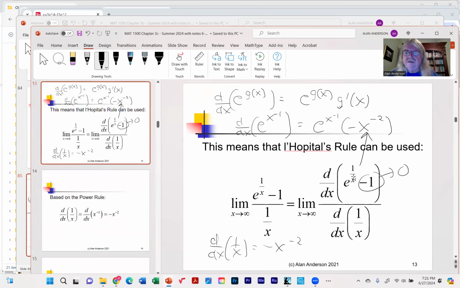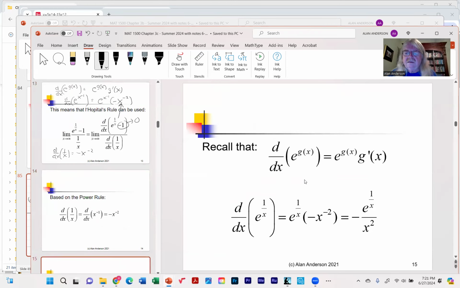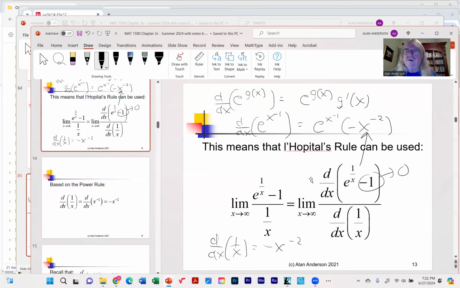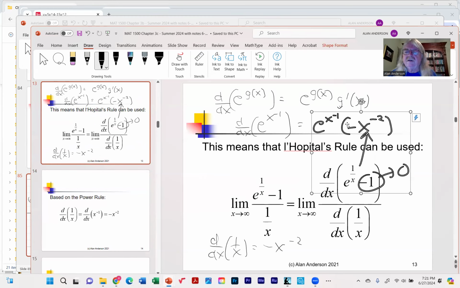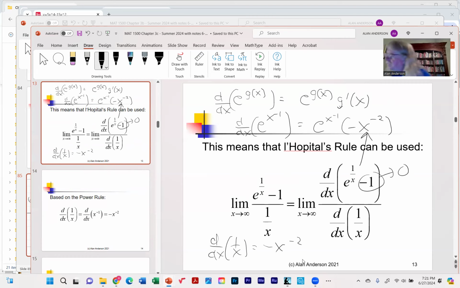Wait a minute, where are we? Yes, so in other words, this result from up top, just the e to the 1 over x, could be rewritten. Looks like it got rewritten in the next slide. It's minus e to the 1 over x, over x squared.